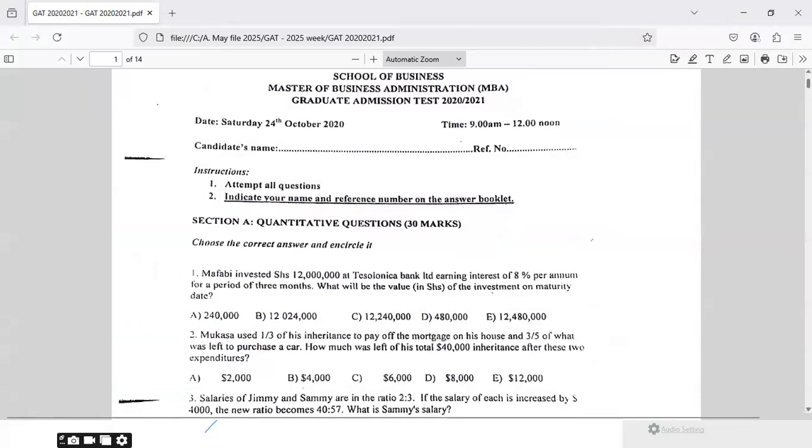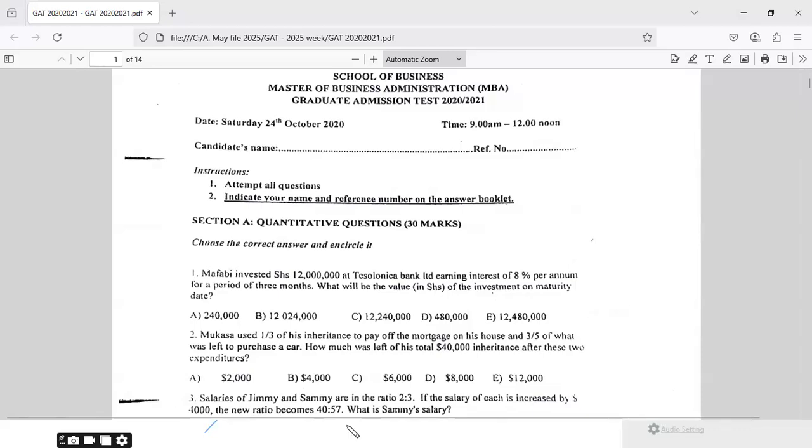All right. Question 2. Let's read closely. Question 2. Mukasa used a half of his inheritance to pay off the mortgage of his house, 3/5 of what was left to purchase a car.